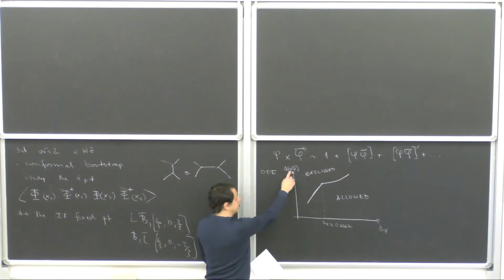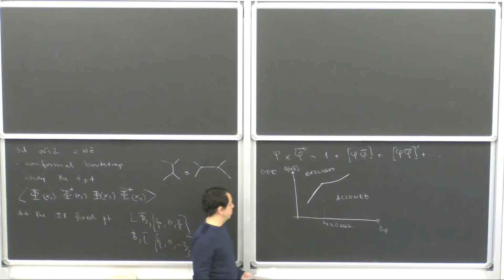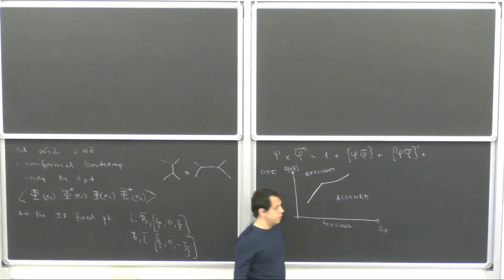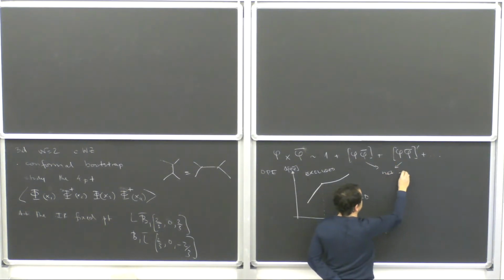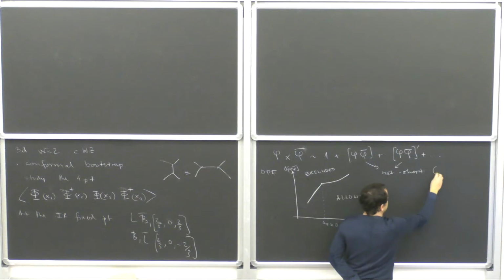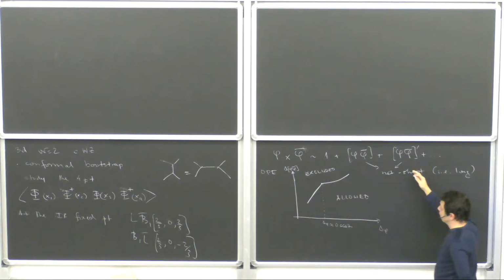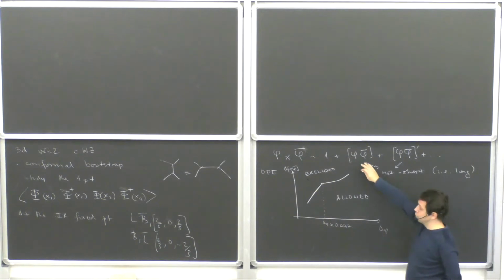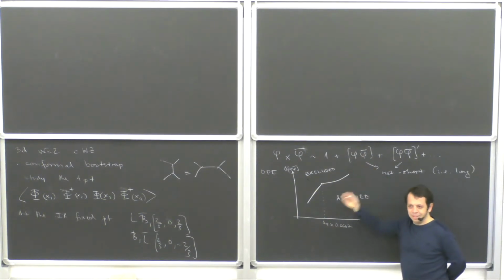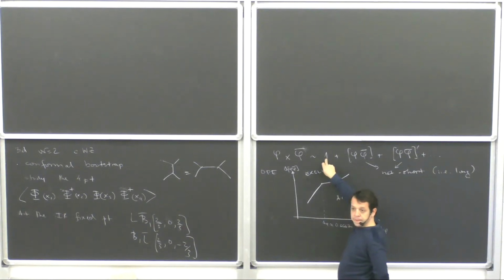This operator, however, is not what's called a protected operator. These are not short multiplets, I should have emphasized. Not short, which means that they're long. So their conformal dimensions are not fixed by their R charge, which is a good thing because their R charge is equal to 0, and the conformal dimension cannot be 0, except for this guy.